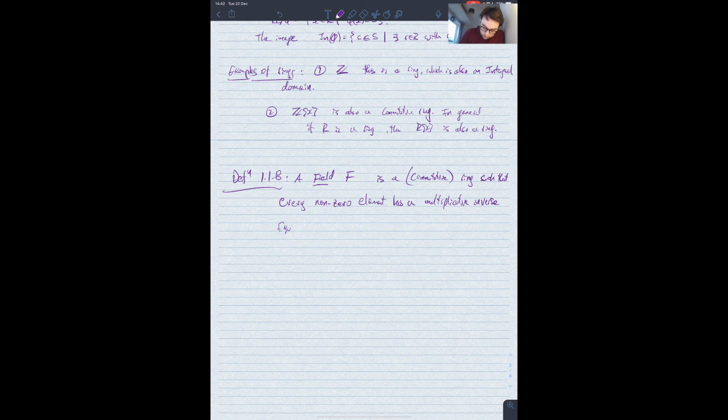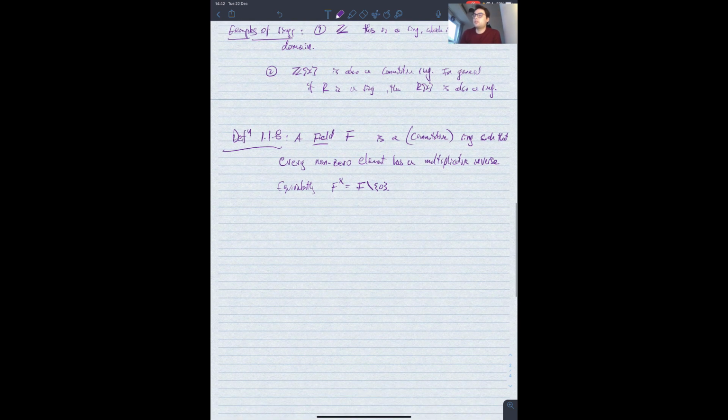Equivalently, we just want the set of units to be your field F take away the element 0. So every non-zero element has some inverse.